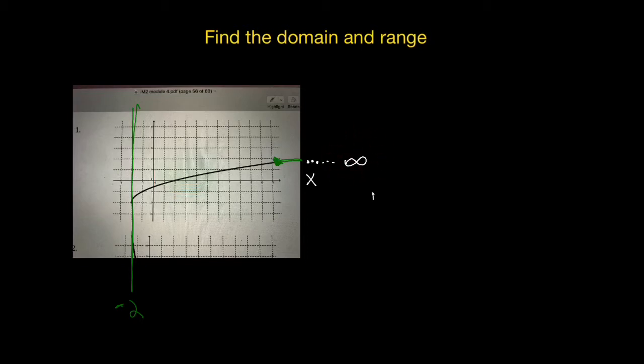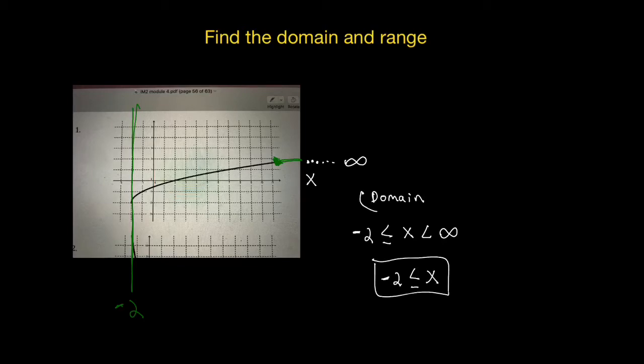So the domain is going to be -2 less than or equal to x less than infinity. And we can write this as -2 less than or equal to x. So that's the lower bound, that's my domain here.